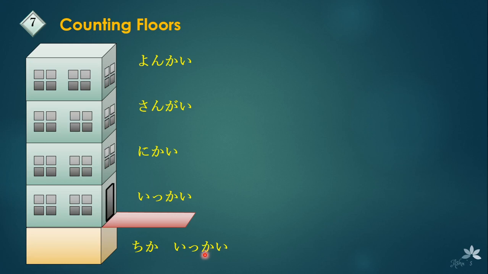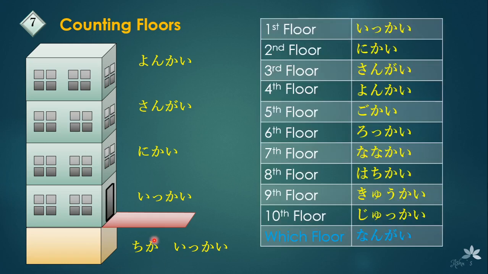Now let's see. For first floor, it is ikkai. Second floor, nikai. Third floor, sangai. Fourth floor, yonkai. Fifth floor, gokai.